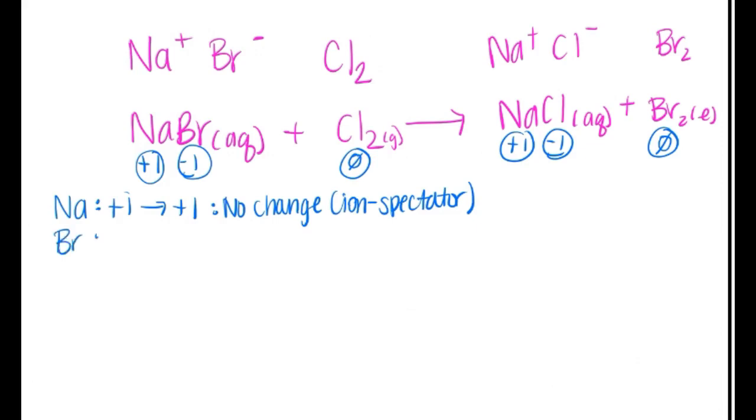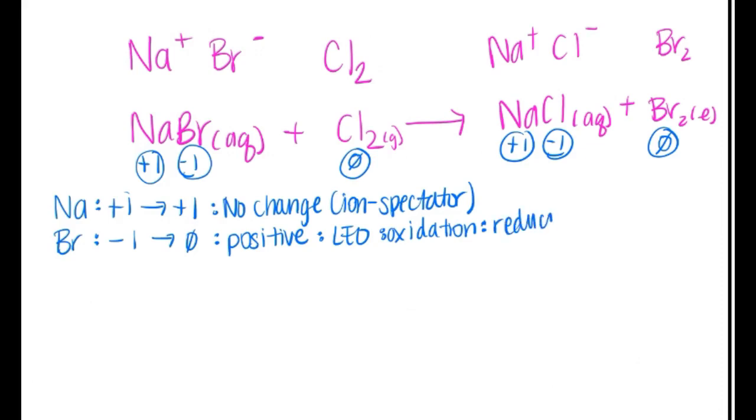Let's look at bromine. It goes from -1 to 0. That's getting more positive. So that's LEO, that's oxidation, which means that bromine is the reducing agent.